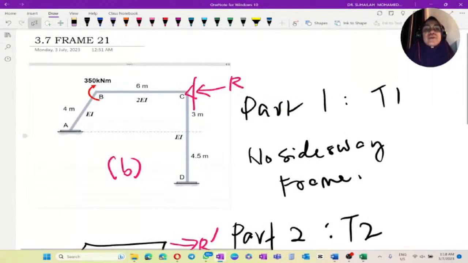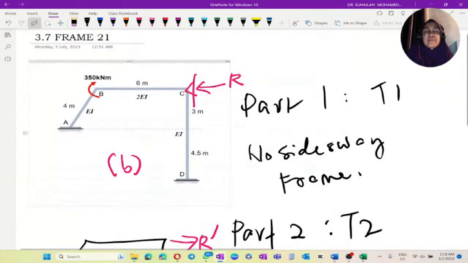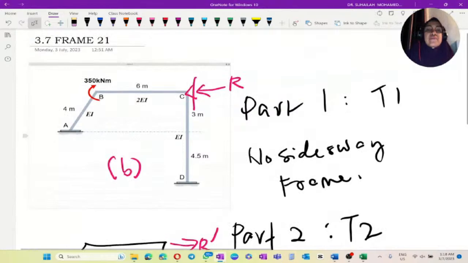We have to put one pin support at C, because without this the frame moves to the right direction. So we have to put this pin, an artificial support, so that the frame becomes properly restrained. For properly restrained, there is no sidesway. So this is the diagram that we analyze in part 1.